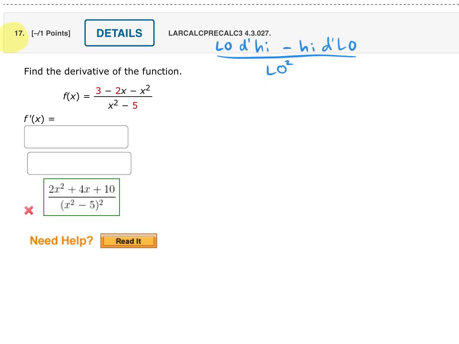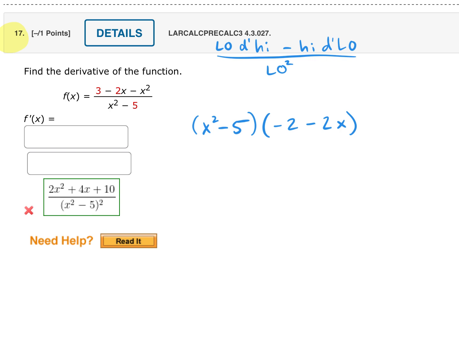So low would be x squared minus 5 times the derivative of what's up top. What's the derivative of 3 minus 2x minus x squared? It'd be negative 2 because the x would go away, minus 2x.